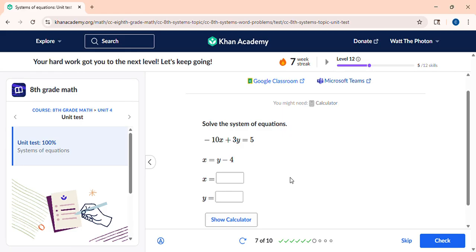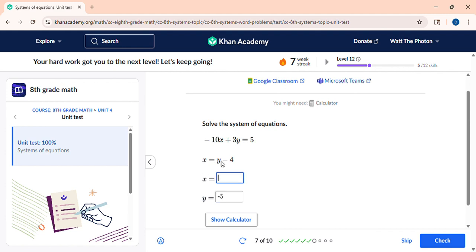And positive 40y? That makes more sense. You get 35. That's what I felt like. And so we get 35 divided by 7, which is 5. We get -5. So y equals -5.